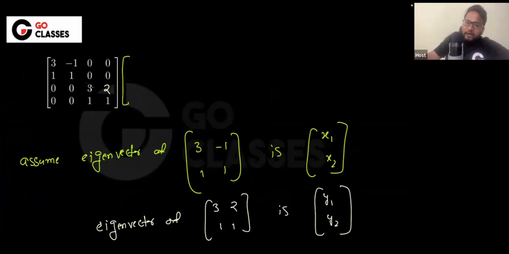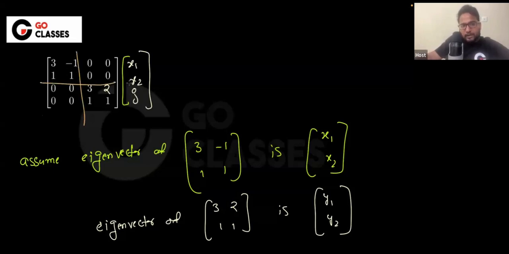Then what is the eigenvector of this? Interestingly, the eigenvectors are taking this form. See here, this is x1, x2, 0, 0. Okay. Suppose you partition like this. You already partition like this. Here, if you are partitioning this after 2 columns, then it is after 2 rows, and then you can partition like this. Okay. Suppose this is the partition.